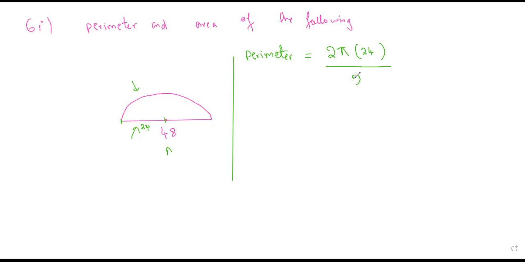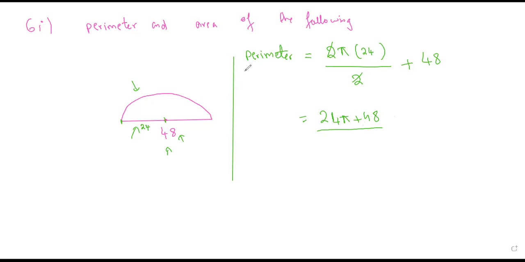So I'll divide that by 2 and this will just give me the length of the curved side. Now I need to add the diameter in it, that is 48. And the answer is going to be 24 pi plus 48, right? You can find the exact value and this is going to give you the perimeter of the shape, right?